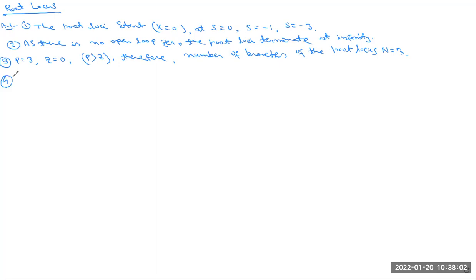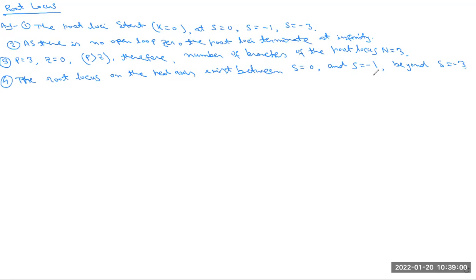Then number four, we have to apply the fourth rule. The root locus on the real axis exists between s equal to 0 and s equal to -1, and beyond this up to the maximum, s equal to -3. These are the three poles we calculated from here.